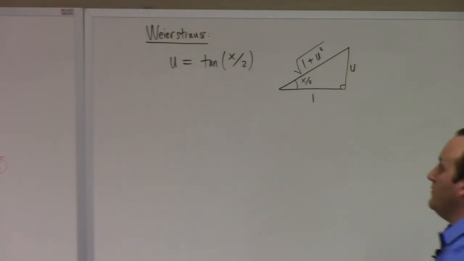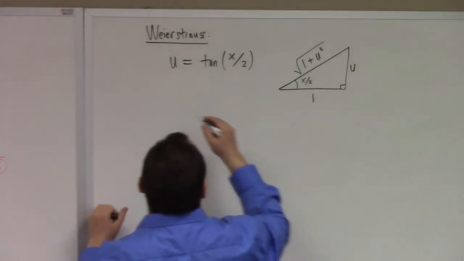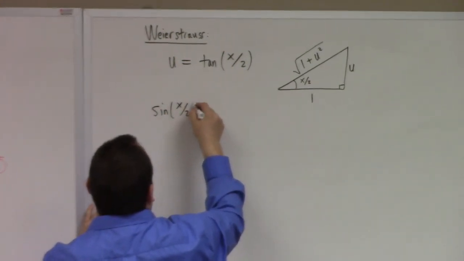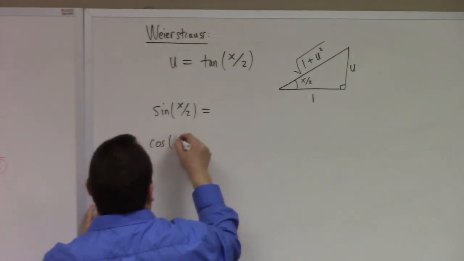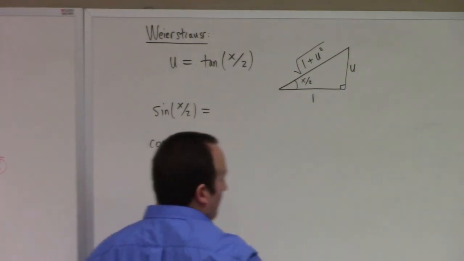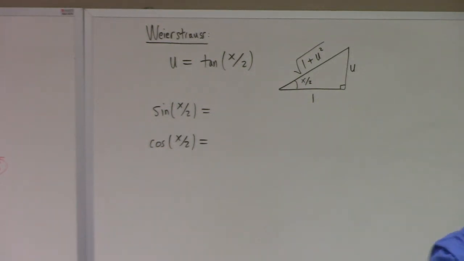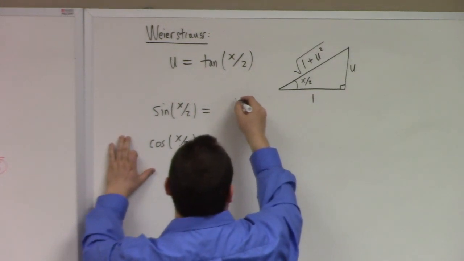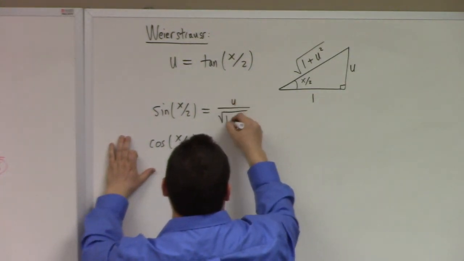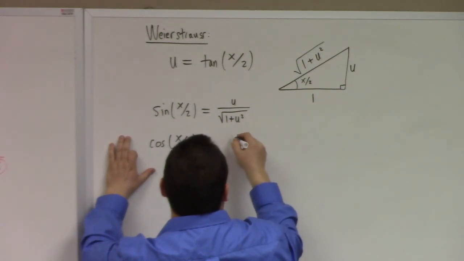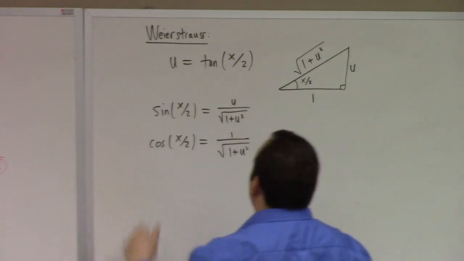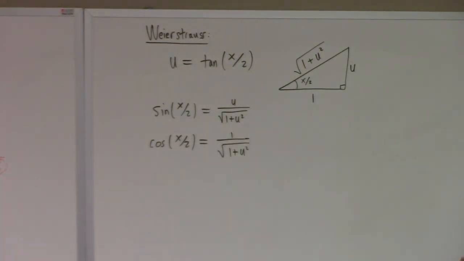So in view of that, what's sine of x over 2? What's cosine of x over 2? Yeah, you said sine is u over the square root of 1 plus u squared, right? And cosine was 1 over the square root of 1 plus u squared, right? How can we get sine and cosine of x from sine of half x and cosine of half x?